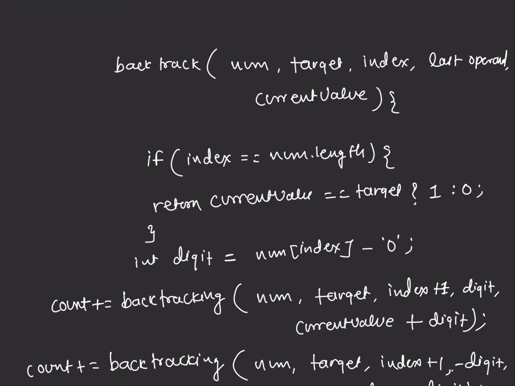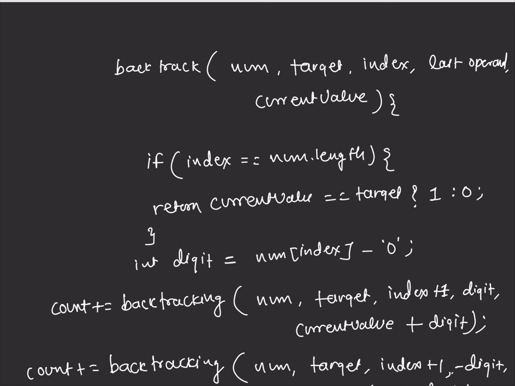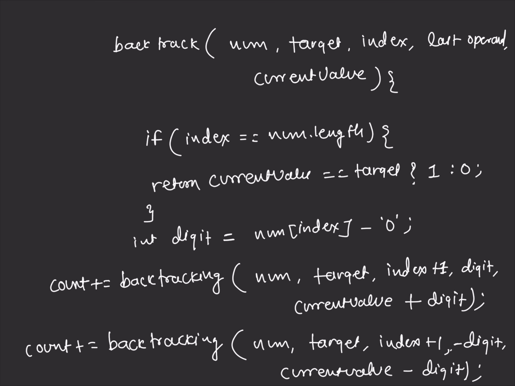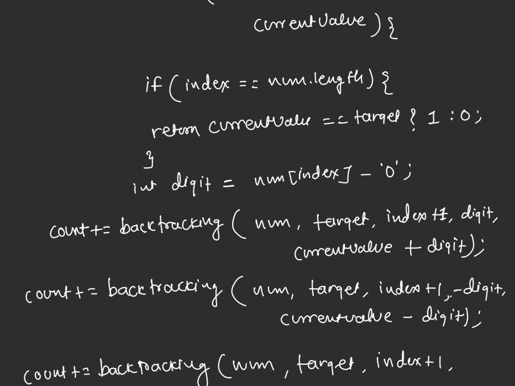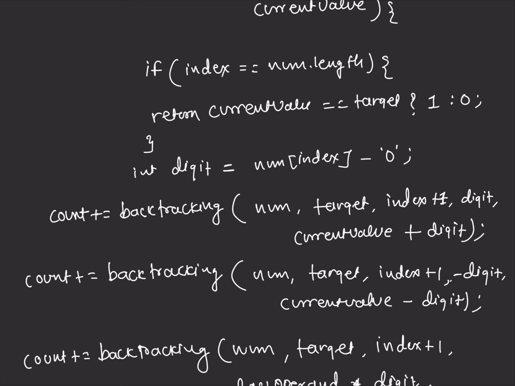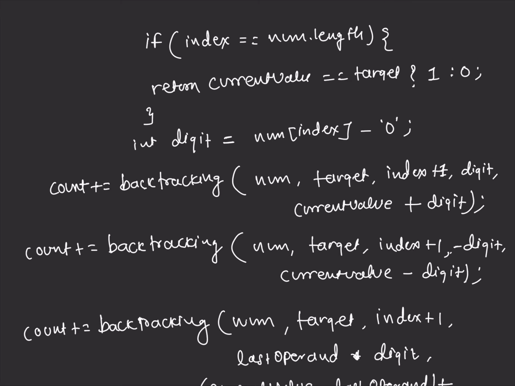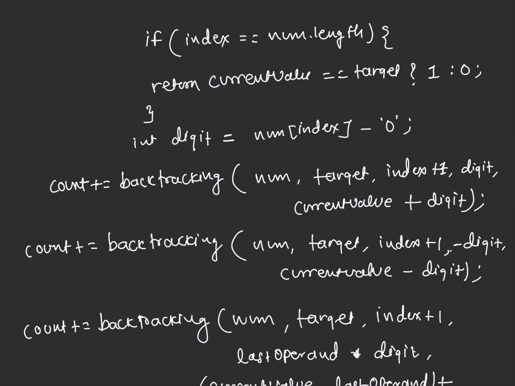Okay, anything missing? Okay, fine. So backtracking with num, target, index, last operand, current value, then if index equals num dot length, that is the base condition, where we are returning 1 or 0, and after returning 1 we'll add it to the count. If it is 0, then we will add 0 to the count.